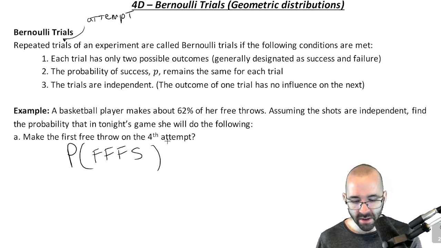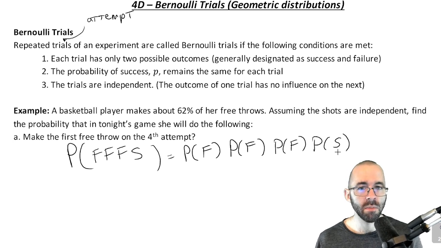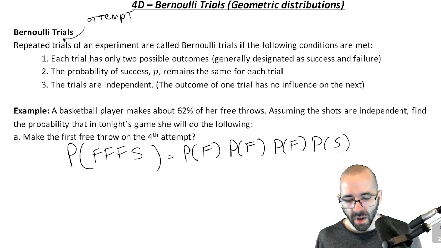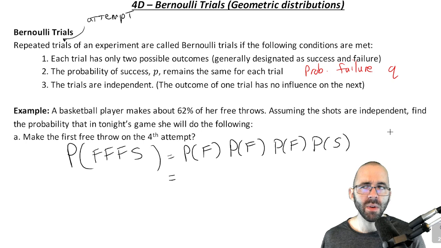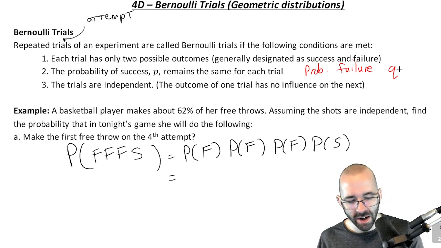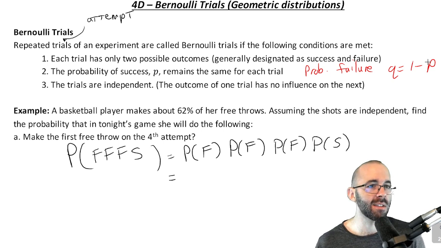Well, we know they're all independent, so that's just going to be multiplying each probability by itself, right? So another way of writing this, by the way, the probability of success is P, and the probability of failure is Q. Q is 1 minus P. Q is just not P. So if it's either success or failure, they have to add up to 100%.